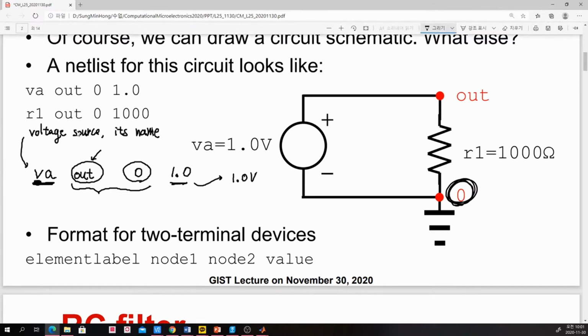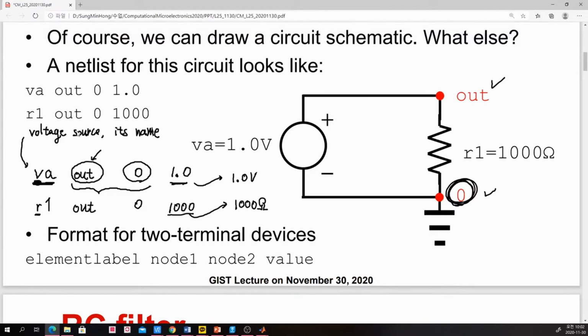Since this is again a voltage source, this simple scalar 1.0 should be regarded as 1.0 volt. And go to the next element, R1. Since this is R1, we have to reserve two spaces for connectivity, because a resistor has two terminals, and specify out 0, out 0, and after that when you say 1000, this scalar 1000 should be regarded as 1000 ohm.